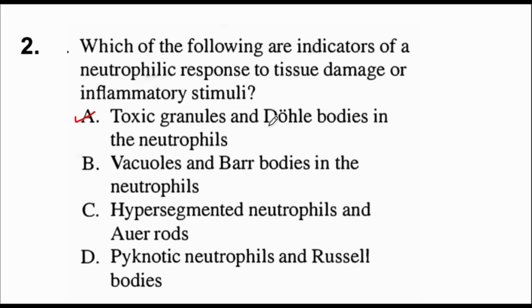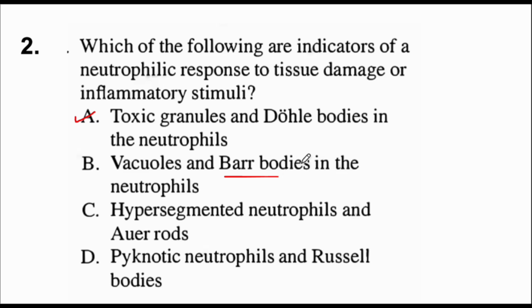Why is B incorrect? Vacuoles are a toxic change, but the Barr body is the inactivated X chromosome. It can be seen as a small drumstick appendage on the nucleus of the neutrophil in females.